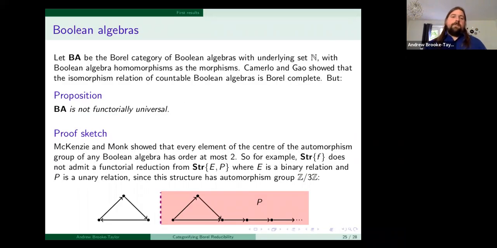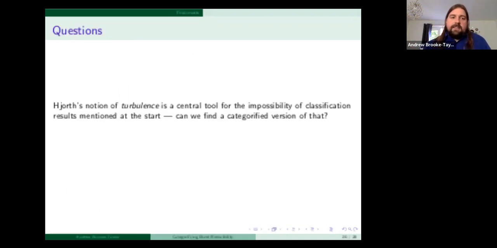Okay, so hopefully you're starting to see a lot of examples aren't universal in this framework, but some are. So there are natural questions here about what still works, what doesn't. We're still building up what we know about these things.